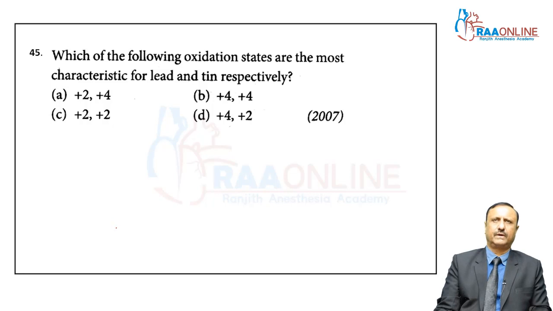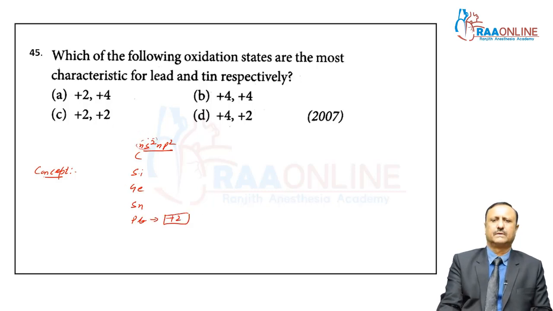Which of the following oxidation states are the most characteristic for lead and tin? Here, my dear students, the concept is that carbon, silicon, germanium, tin, lead have ns2 np2 electronic configuration, and here the stable oxidation state is +2 due to the inert pair effect. This pair of electrons is not taking part in the bonding.